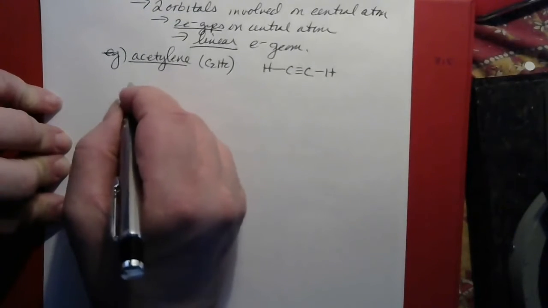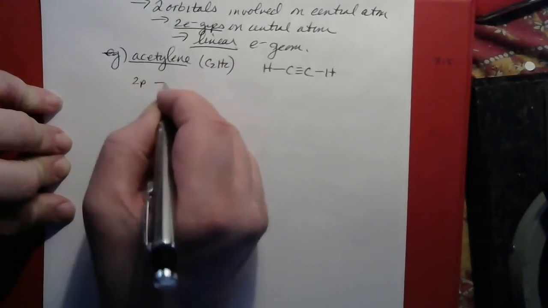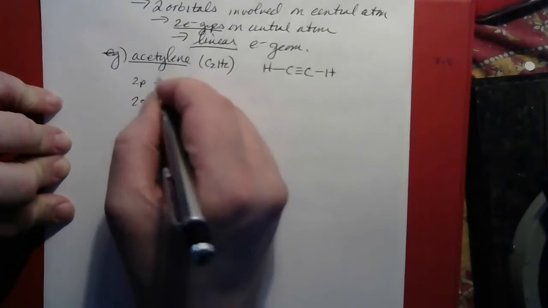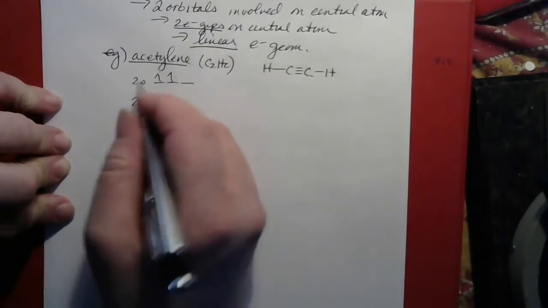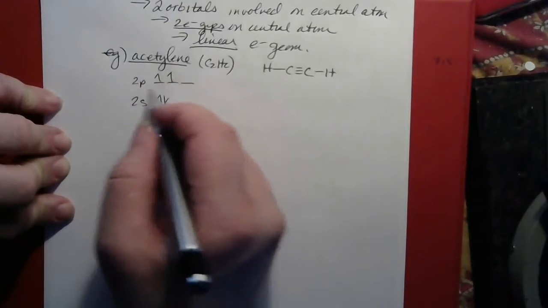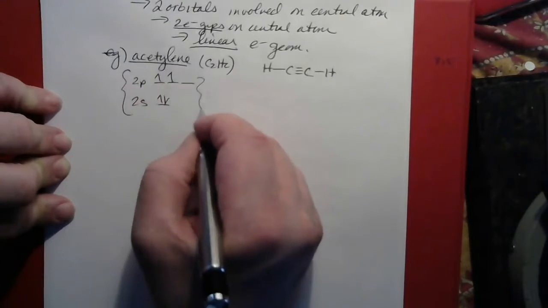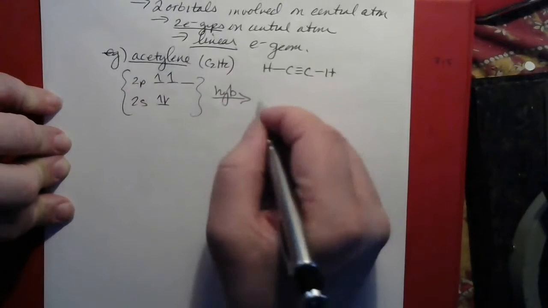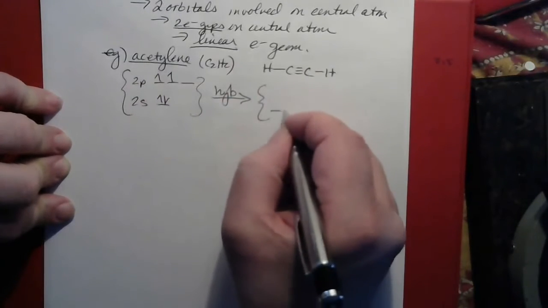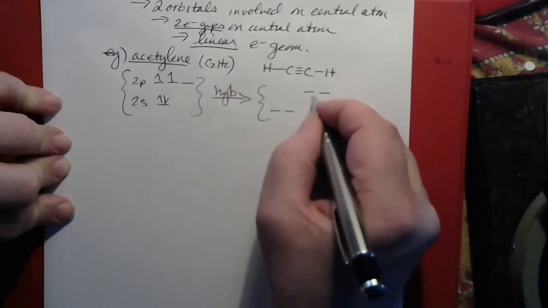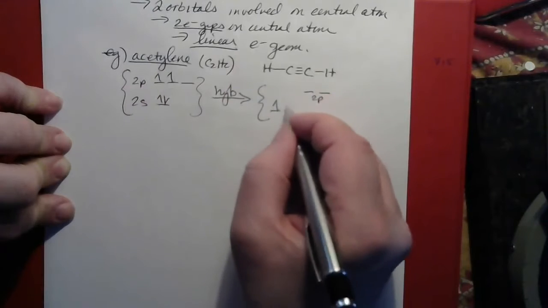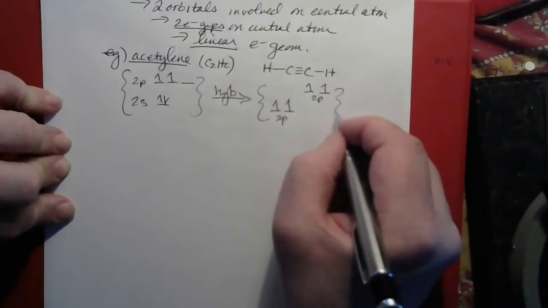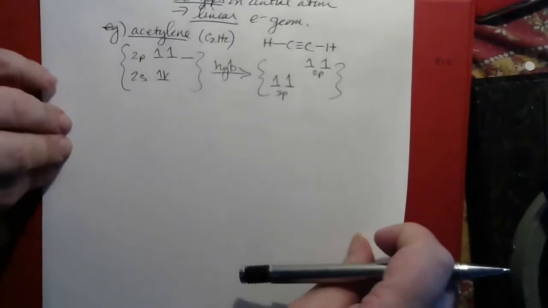And so if you look at the carbon, you have the 2 p orbitals and the 2 s orbital, and carbon is 2s2, 2p2 for its valence shell. And it hybridizes into an sp hybrid, and then you also have the original 2p orbitals. And each of those orbitals has 1 electron in it.